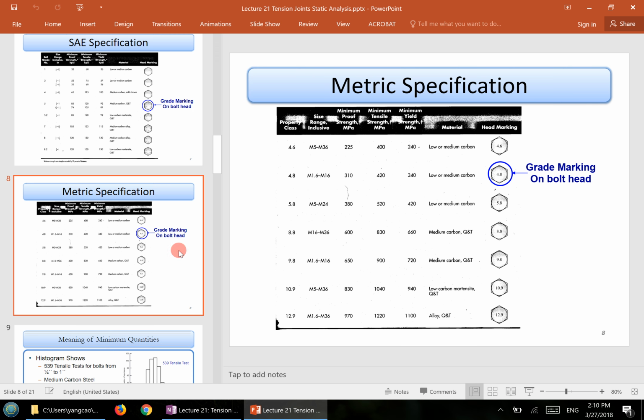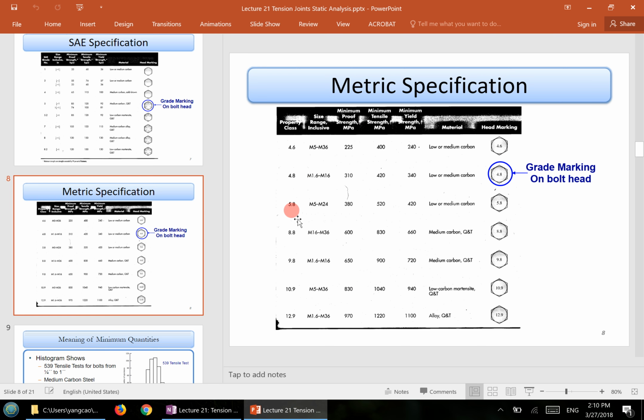Just make sure you know what table to make use of to find the proof strength. The question may say you're using metric bolts of grade 5.8.